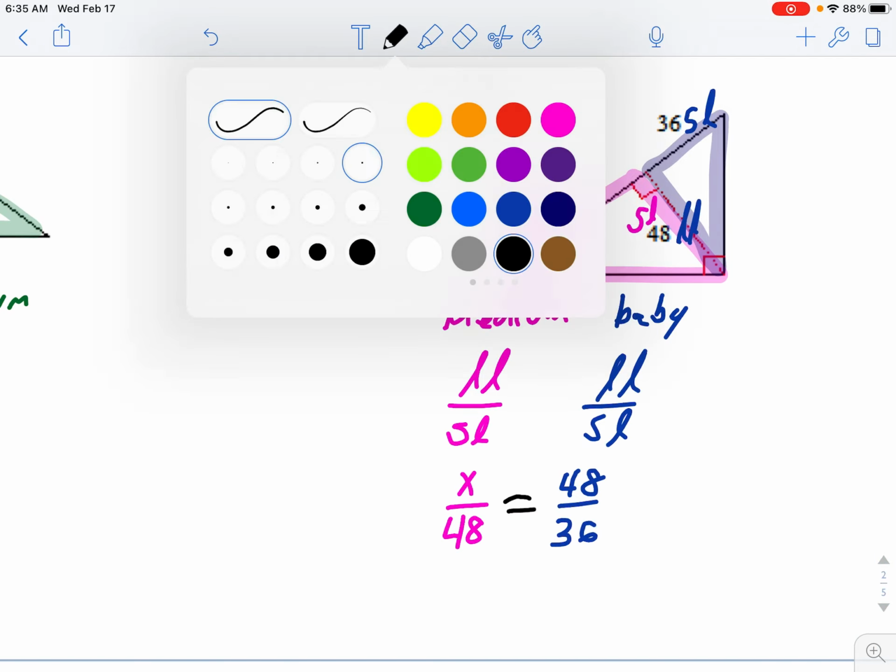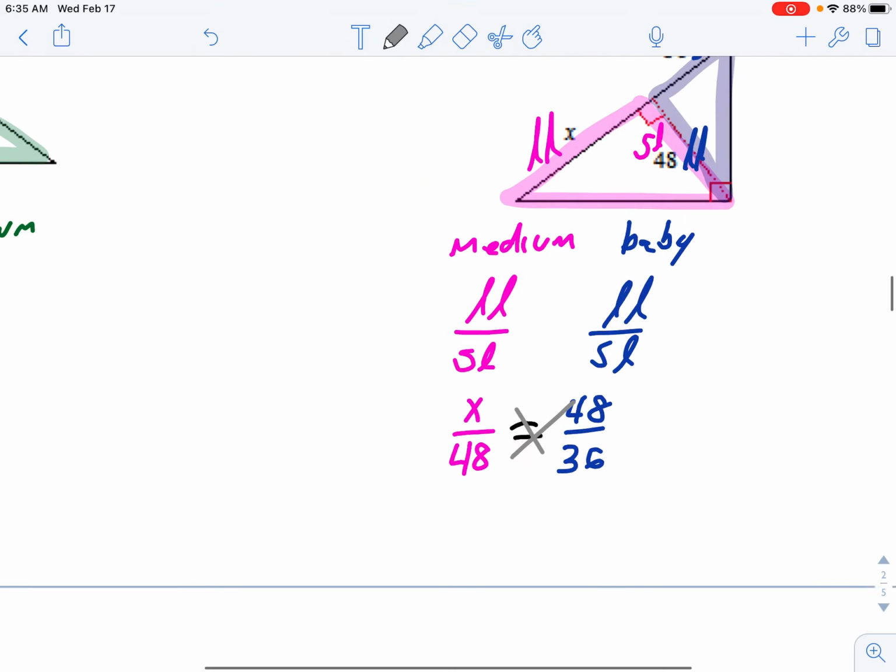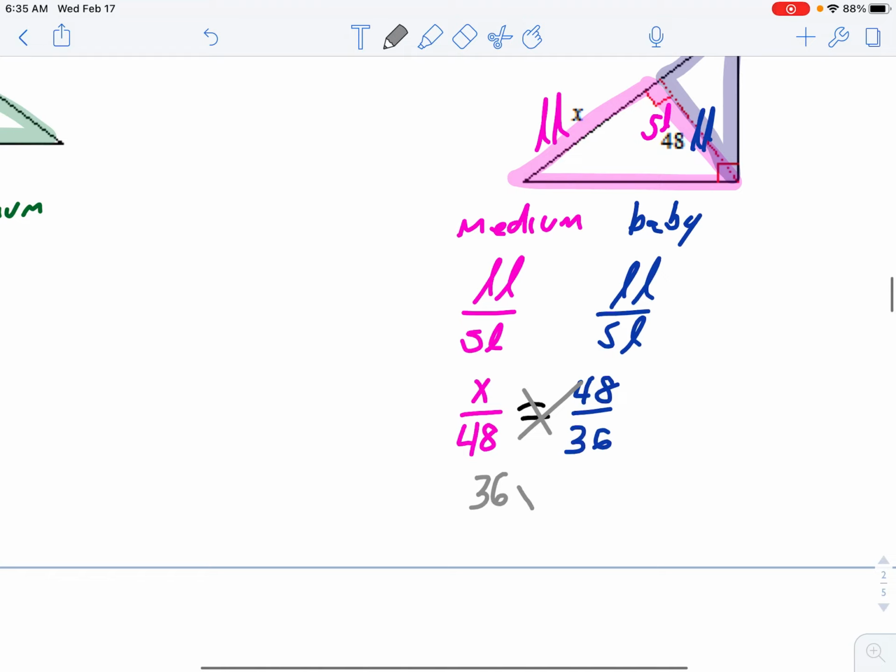Set them equal to each other. Cross multiply. And then I bet x is going to be 60, but let's just confirm. 64, I'm so embarrassed. But let me actually show my work.